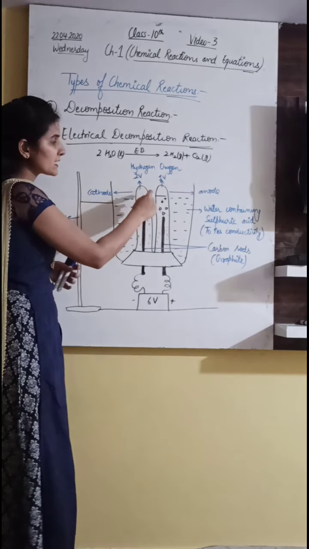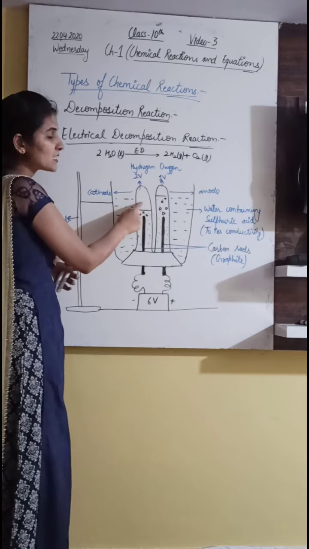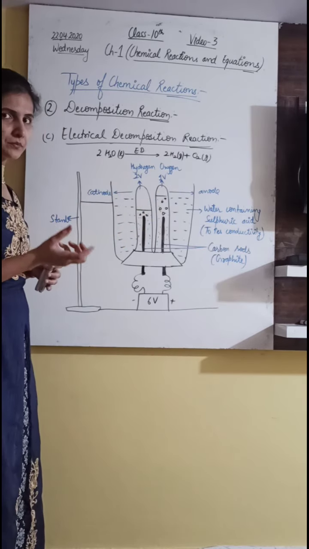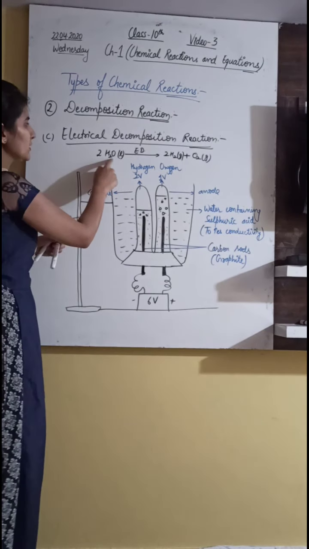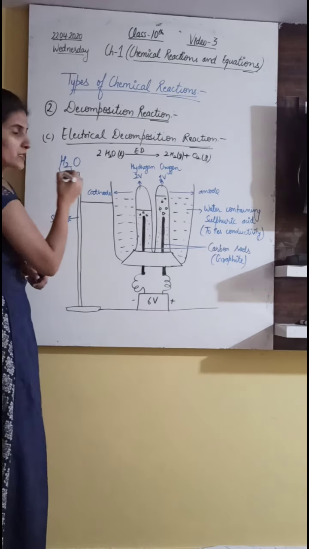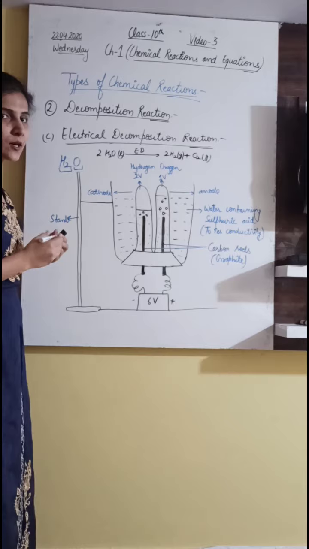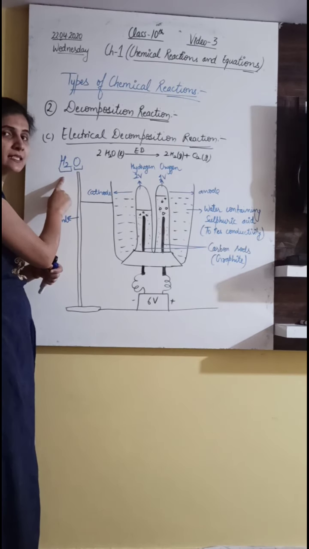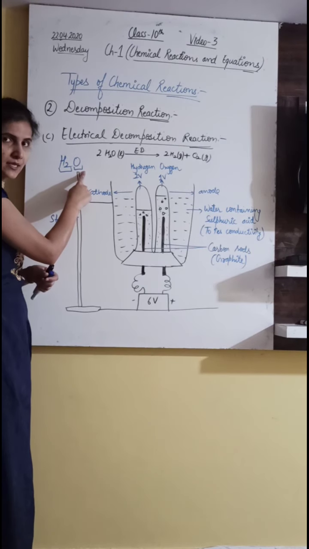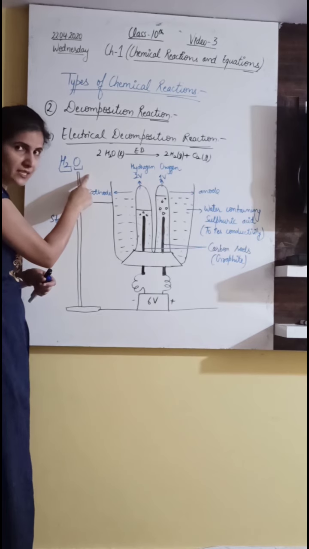Here we can see the volume is large and here the volume is small. It is just twice the volume of this. Water has 2 atoms of hydrogen and 1 atom of oxygen. So obviously when it breaks down, it will produce hydrogen gas in double the amount of oxygen gas, because 2 atoms of hydrogen are present and 1 atom of oxygen is present.